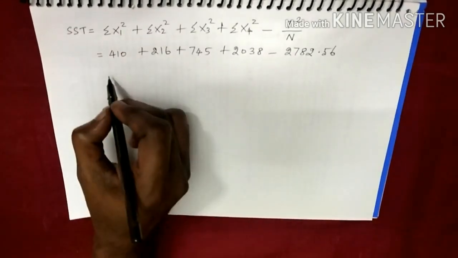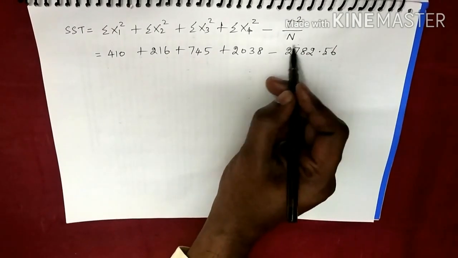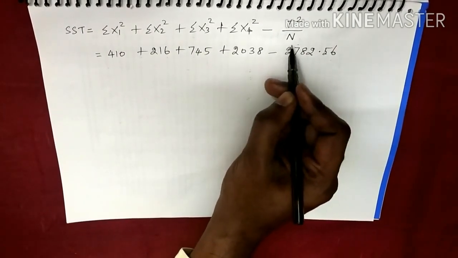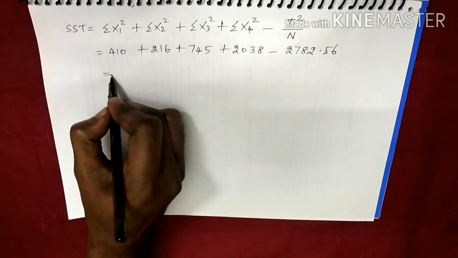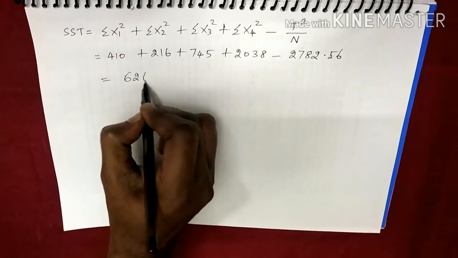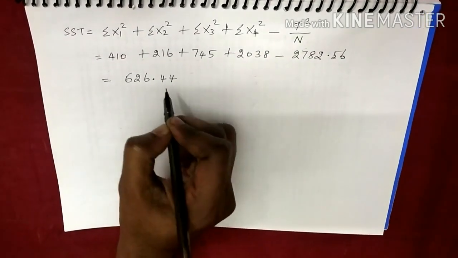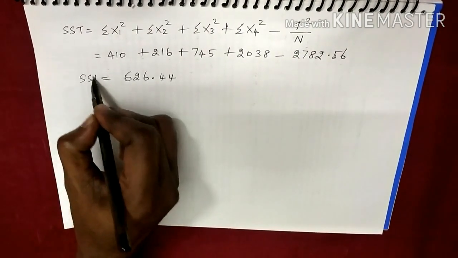Don't forget, we have to subtract the correction factor value, 2782.56, from SST. So we will be getting 626.44. This is SST value.